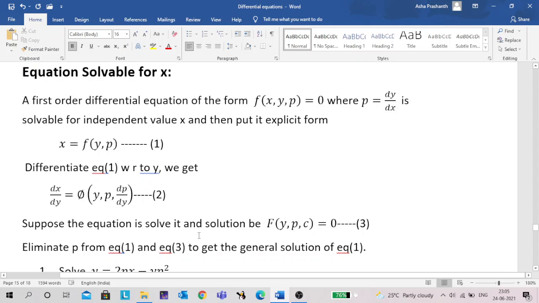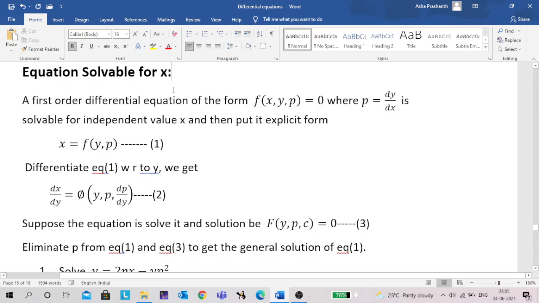Then you solve that equation; it may be a variable separable form or a linear differential equation form, and depending on that you can solve it. After solving, we have to separate the p value. After finding the p value, you substitute it in equation 1. This is the way of solving the differential equation solvable for x.